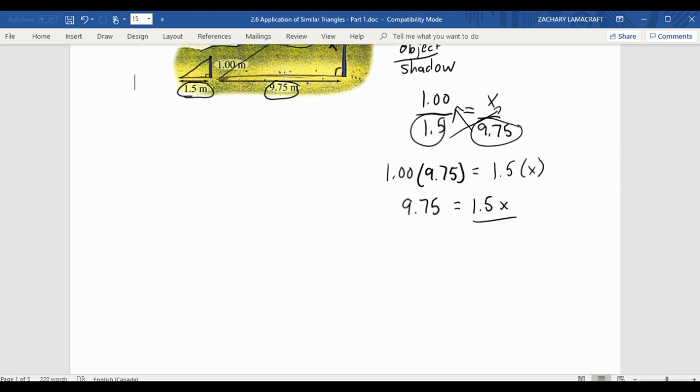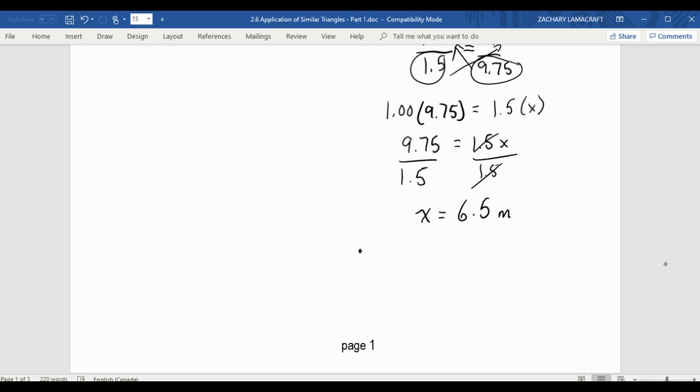Divide both sides by 1.5. Awesome. So then x would be equal to 6.5 is what we got. So 6.5, and then what's our measure? Meters.